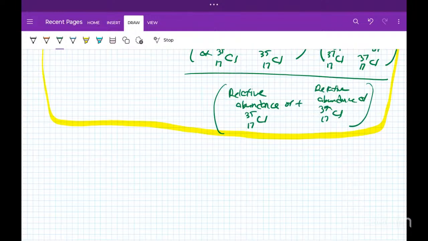Now, the same concept can be used to measure the mass of molecules as well, right? Here we were talking about atoms. Now, the same concept can be used to measure the mass of molecules, which is called the relative molecular mass.